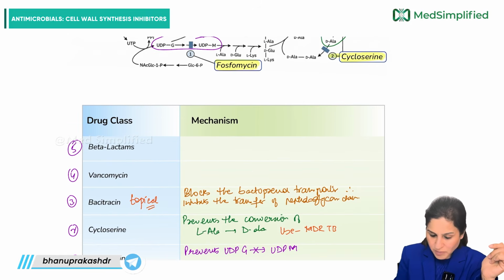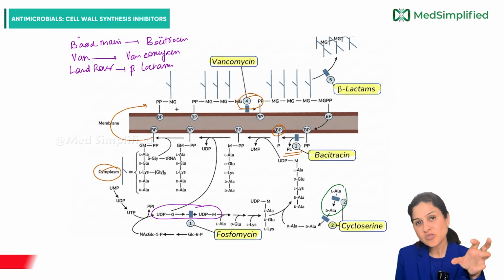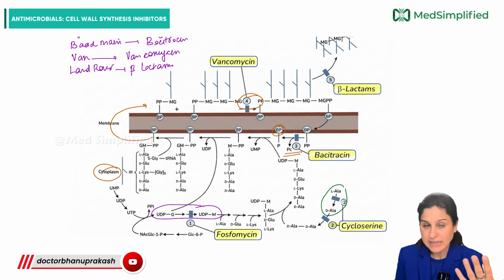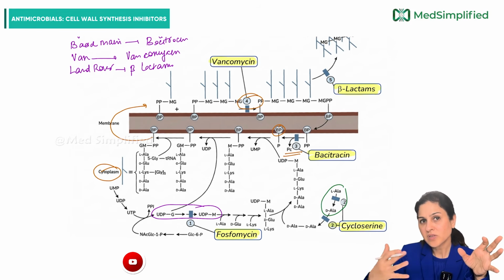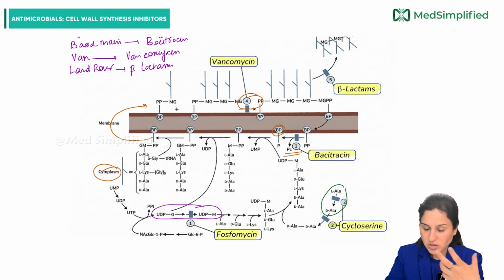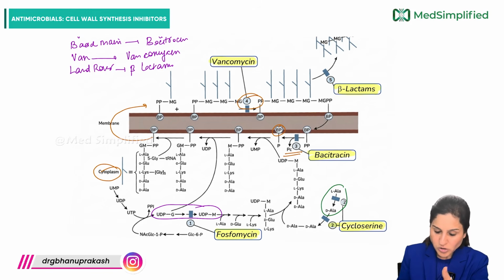Coming on to vancomycin. So what is vancomycin doing? It is inhibiting this particular step here, where it binds to the terminal D-alanine and doesn't allow it to cleave, right? Because it is important that this D-ala cleaves, then there is a release of energy, and then there is the formation of the cross-linking later on. But this is going to block that first step.